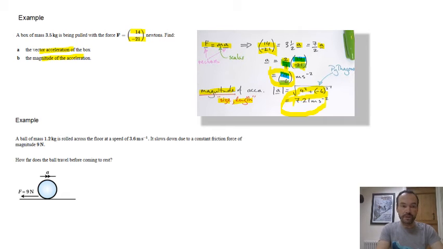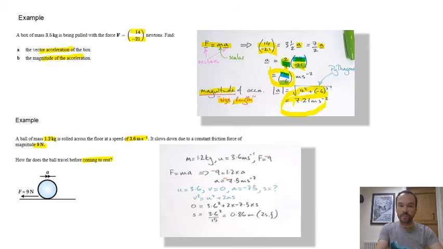Next example: a ball with that mass has that speed. It slows down because of that force. How far does it travel before coming to rest? Nicely, what we're going to do here is link Newton's laws to the SUVAT work we've already done. So we've got the mass, speed, and the force. First of all, we use F = ma to get the acceleration, and then we've got some quantities for SUVAT.